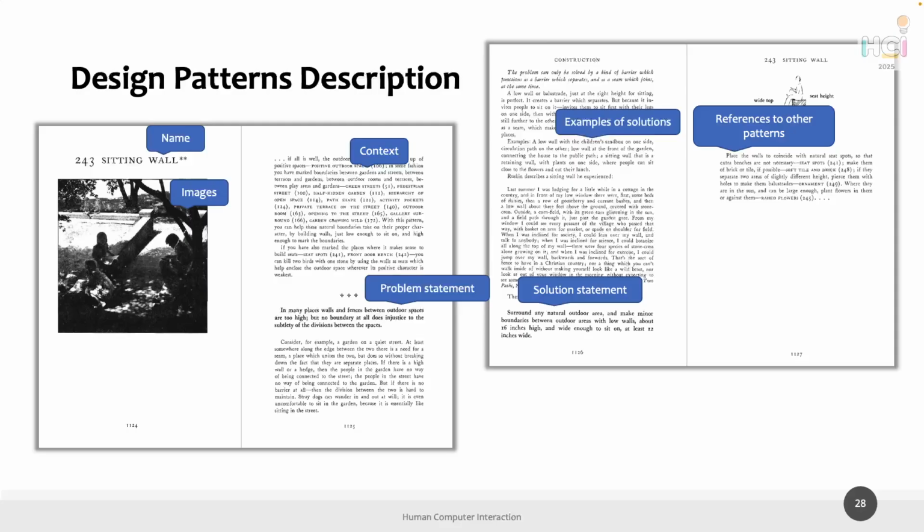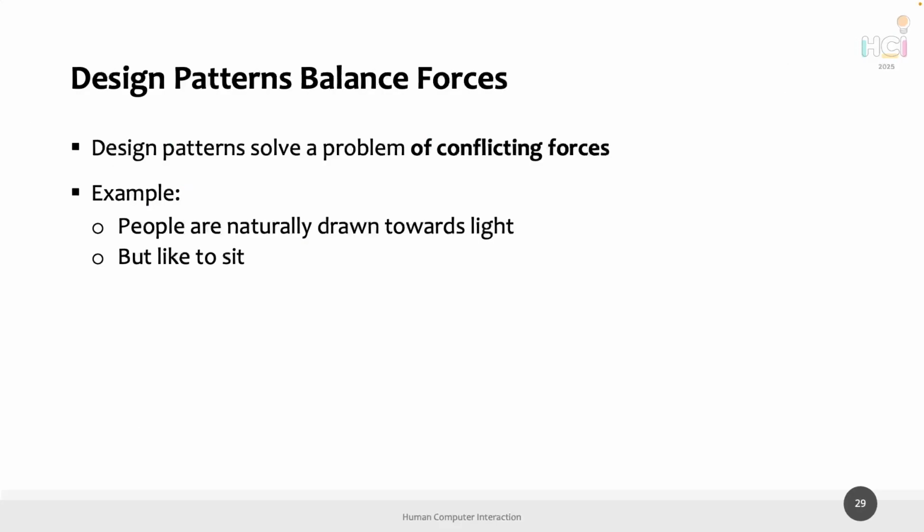So this, I think, clearly describes what a design pattern is, and we can clearly make a parallel with UI patterns, and we will do that in a minute. But before this link, let's add some more details. Design patterns are also useful to find trade-offs and in a way to balance forces, because design patterns typically solve a problem of conflicting forces.